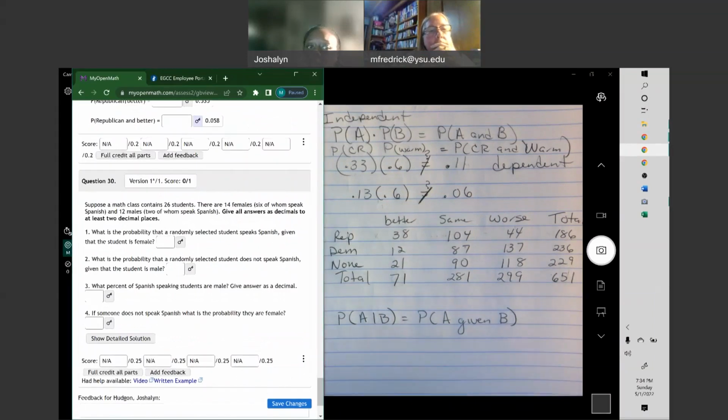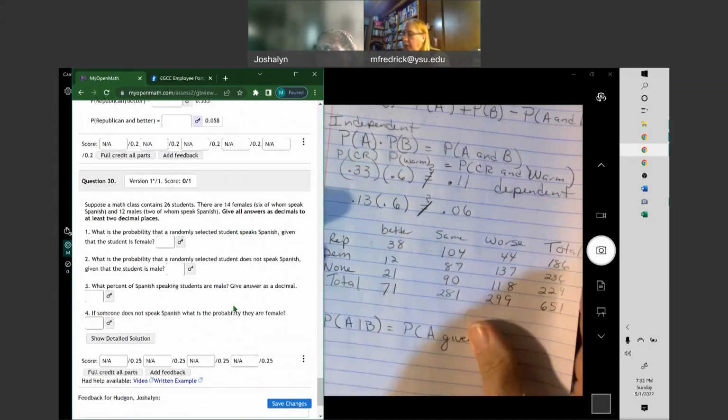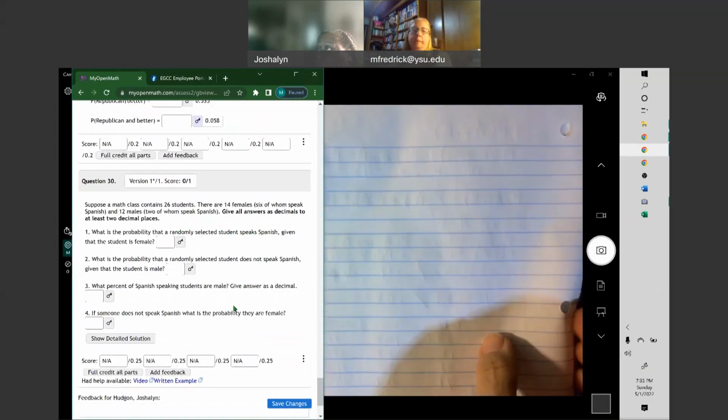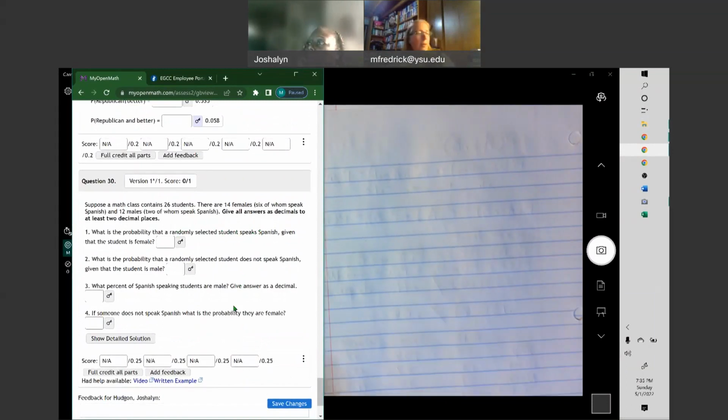So should a table be made for this? Let's see. Can we make a table? Suppose a math class has 26 students. Yeah, I think we could. Speak Spanish and do not, and there's male and female.